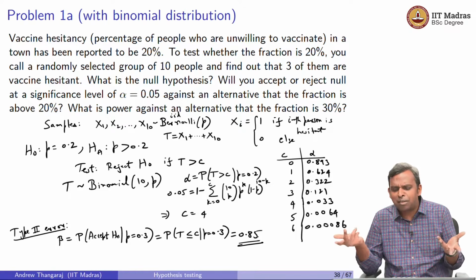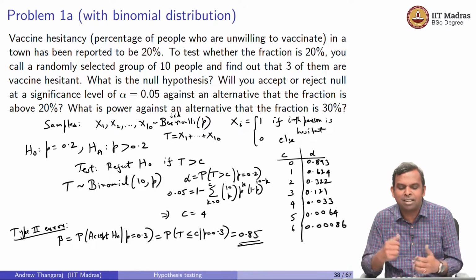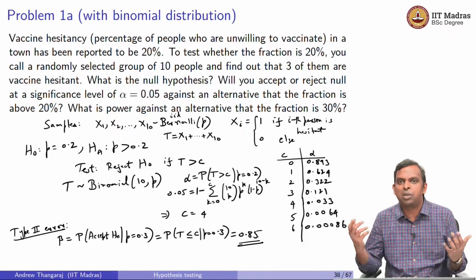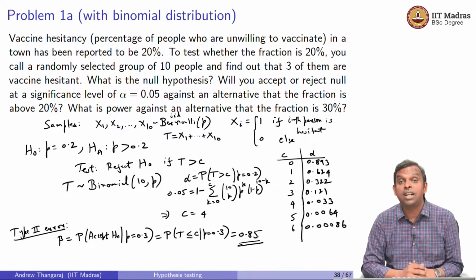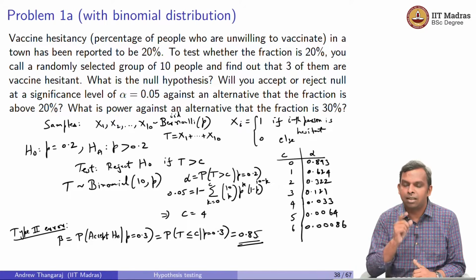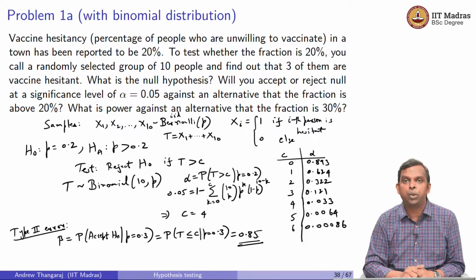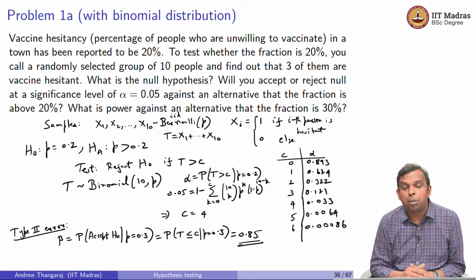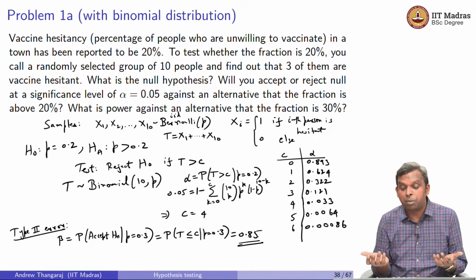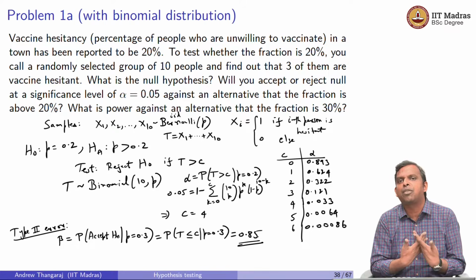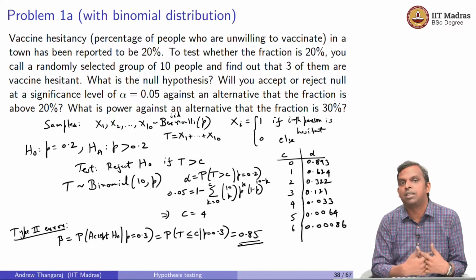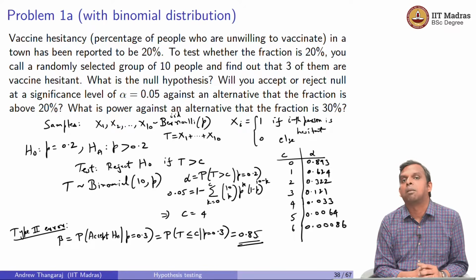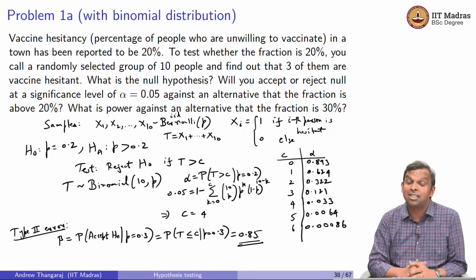I mean 0.05, you have gone below 0.05 in significance value, my p-value is 0.12, I'm looking all great. But test against an alternative, fix one alternative and look at your power, look at the type 2 error, look at what has happened. Probability of accepting H naught given that P equal to 0.3 is 0.85, and 85% of the time you will make this error that even though P is 0.3, you ended up accepting the null. Okay, look at how bad this situation is.